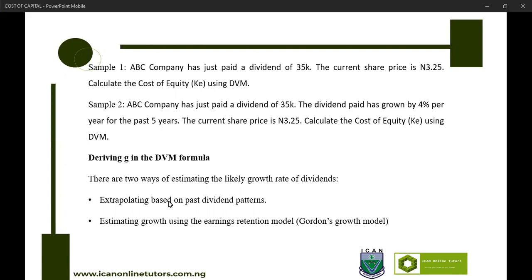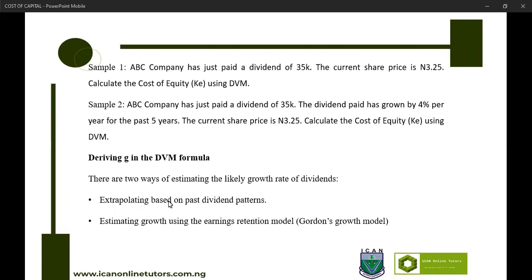Sample 1. ABC company has just paid a dividend of 35 kobo. The current share price is 3 naira 25 kobo. We are to calculate the cost of equity using the dividend valuation model.